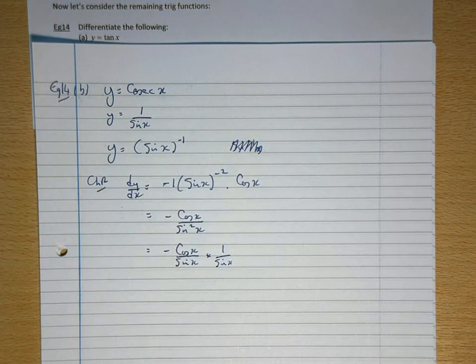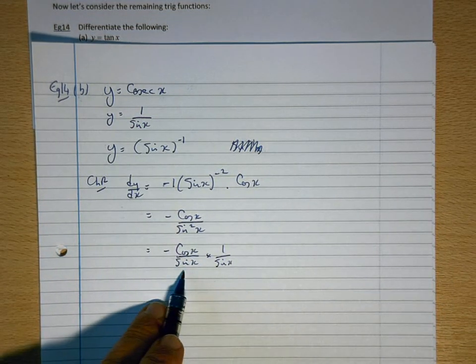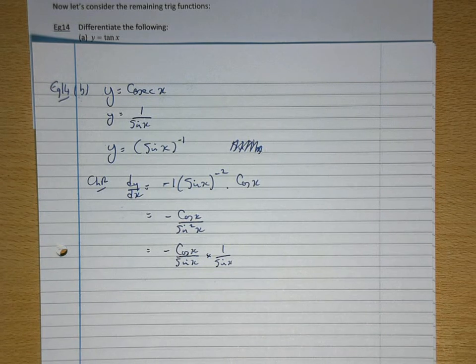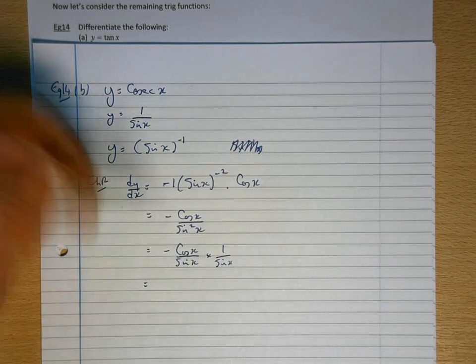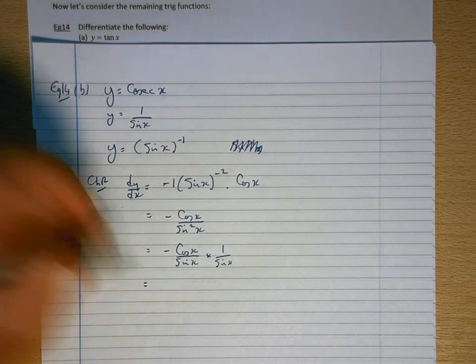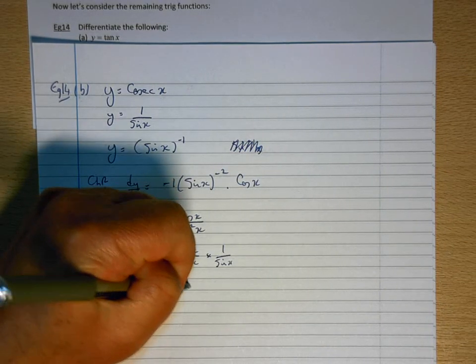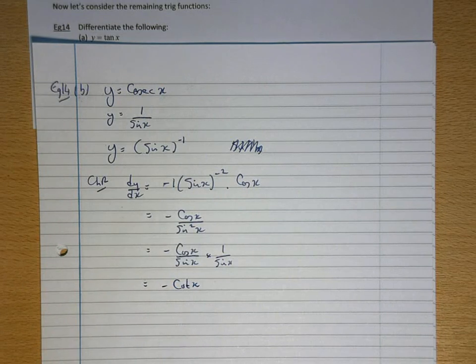Means the same thing. Minus cos on top, and I've split that sine up. And the reason that I've done that is because I know that cos over sine is cot, and 1 over sine is cosec.